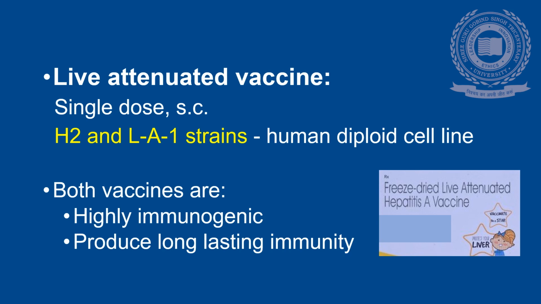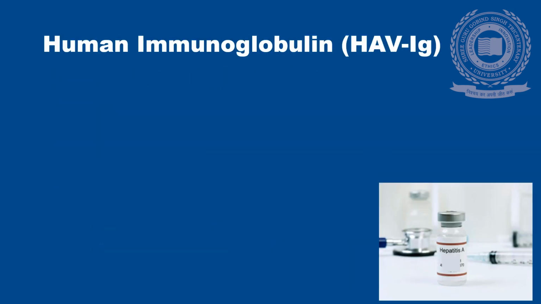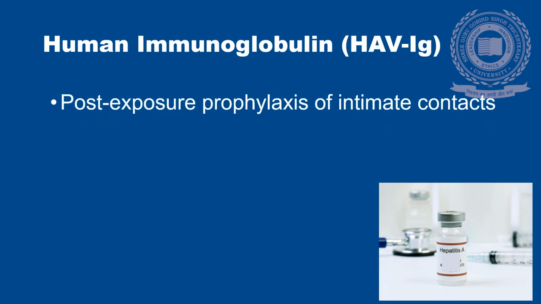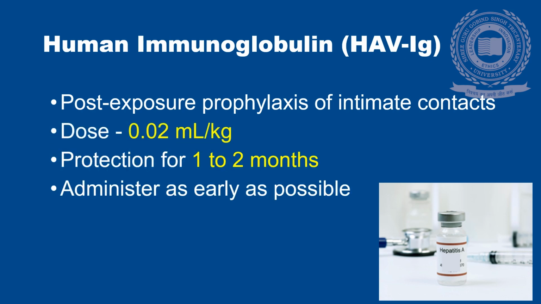Coming to human immunoglobulin use for hepatitis A, it is indicated for post-exposure prophylaxis of intimate contact. The dose is 0.02 ml per kg. It is protective for up to 1 to 2 months and it should be administered as early as possible.